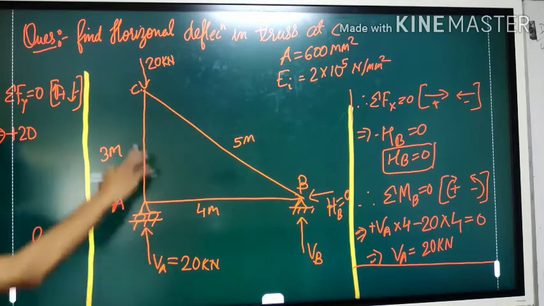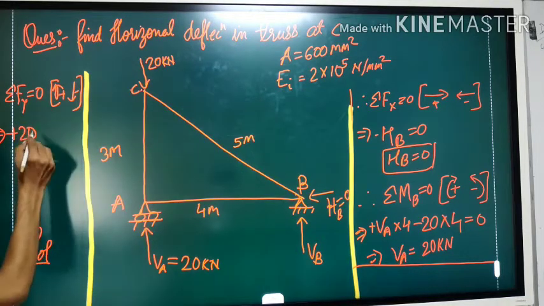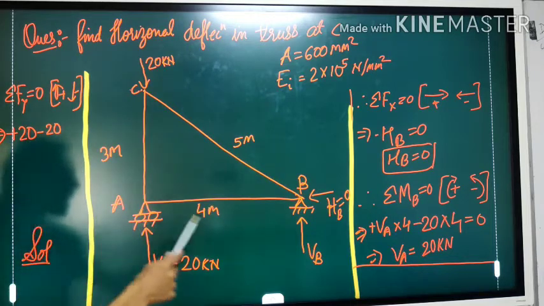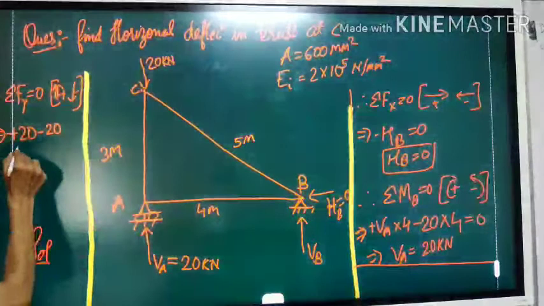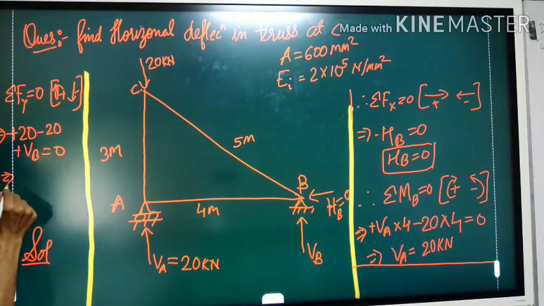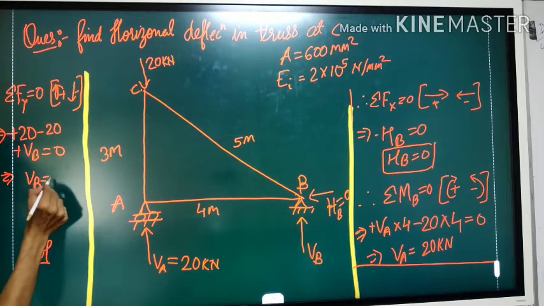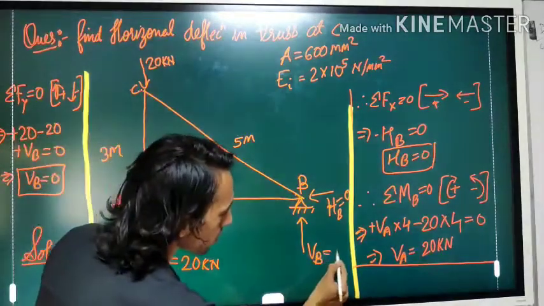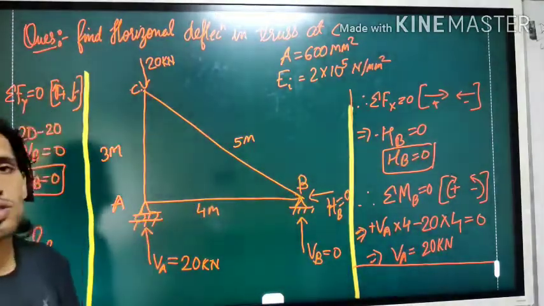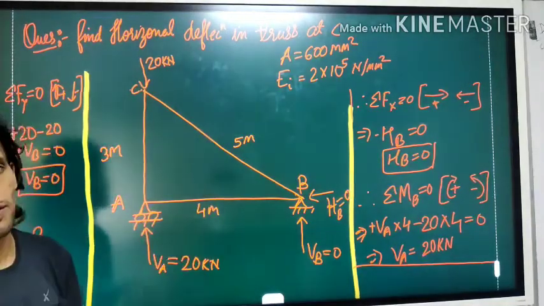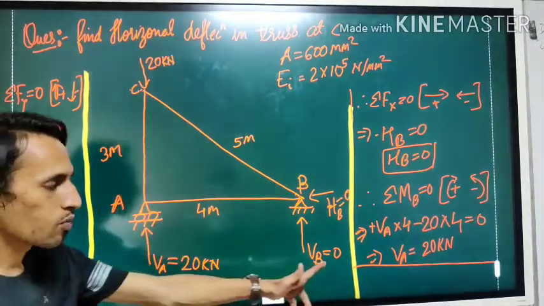What is the next force? 20. What is the direction? Downward. So negative 20. What else is there? VB. So positive VB is equal to 0. So from here you will see that VB comes out to be 0. So now we have calculated all the three reactions, out of which one is 0.